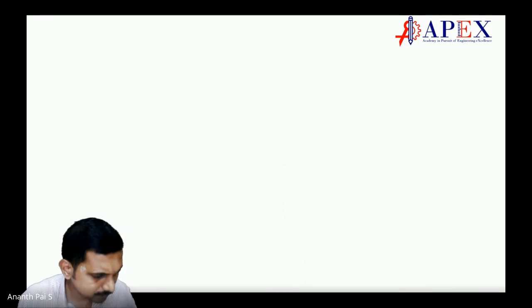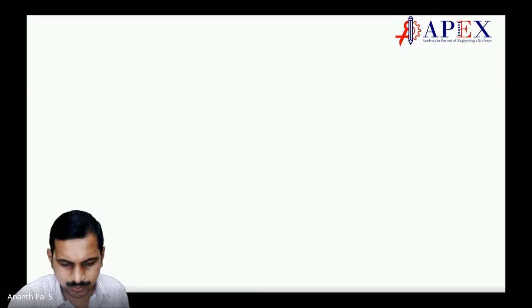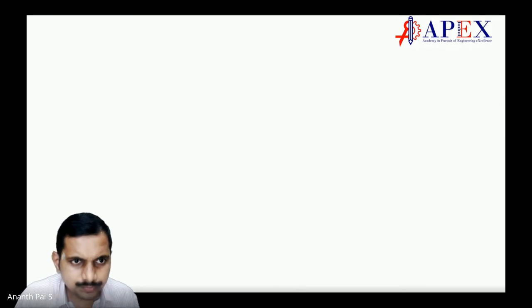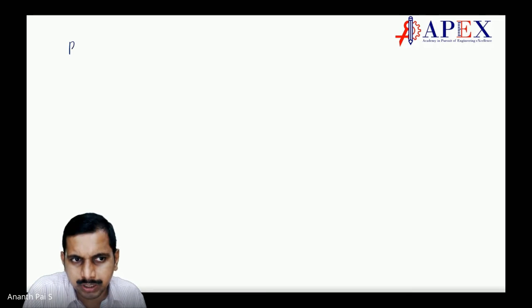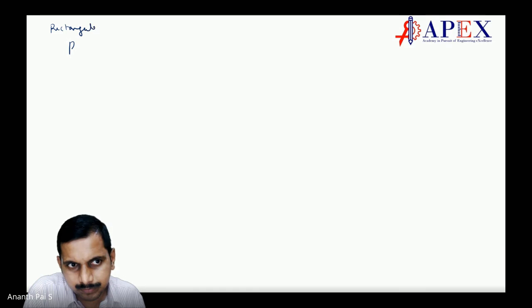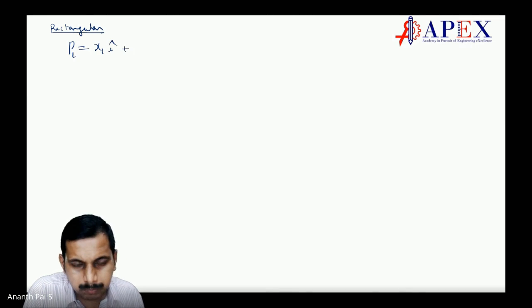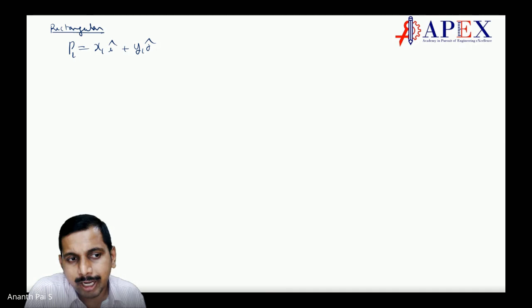Now, let us understand this. If I consider position in rectangular coordinates, we have P1 is x1 i plus y1 j. What is velocity?